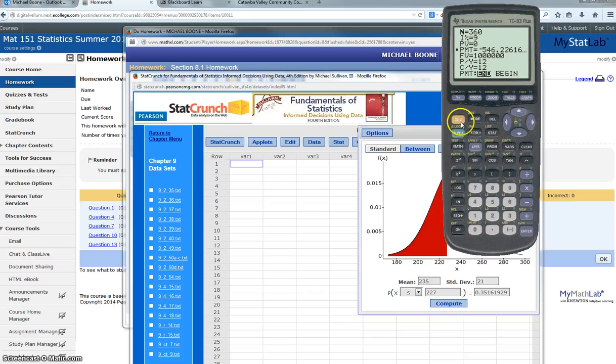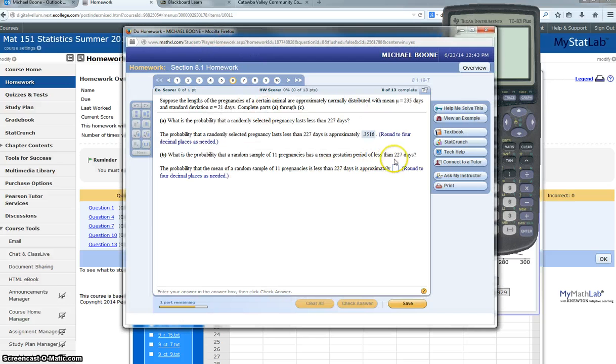So if we look at our mean, let me find the question again. Our mean's 227, but we had 11 pregnancies that had a mean. So my standard deviation is 21. Oh, I said that wrong. My standard error of the mean is my standard deviation divided by the square root of n.